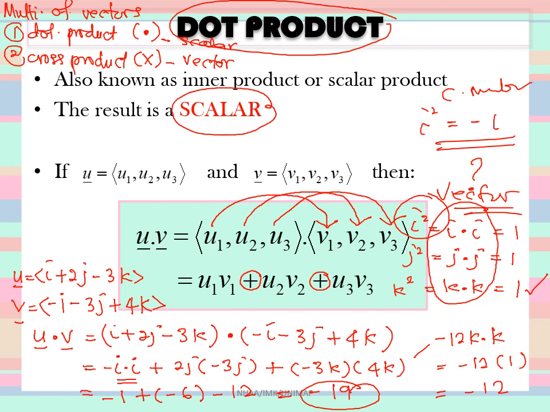We just concentrate on the values of the components, which are 1, 2, minus 3 for vector u, and minus 1, minus 3, 4 for vector v. We can multiply these directly and you will get a similar answer, which is negative 19.